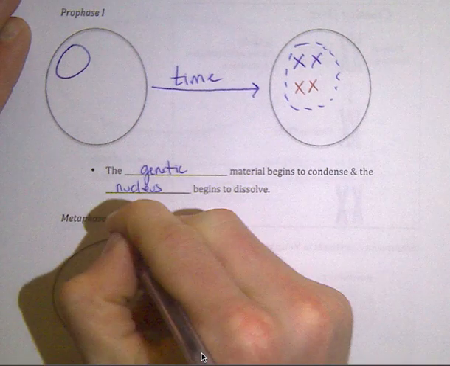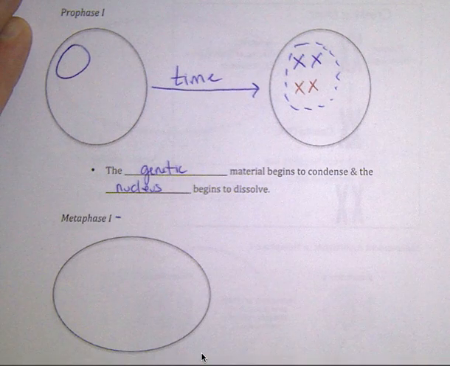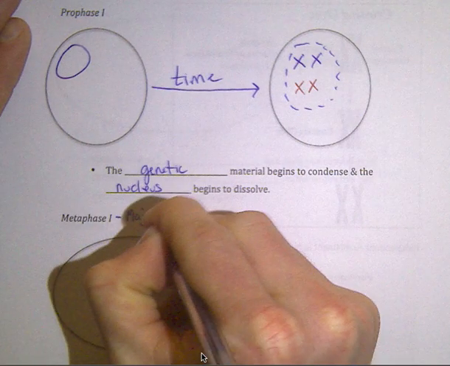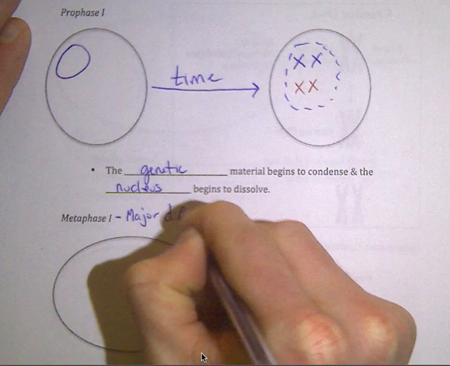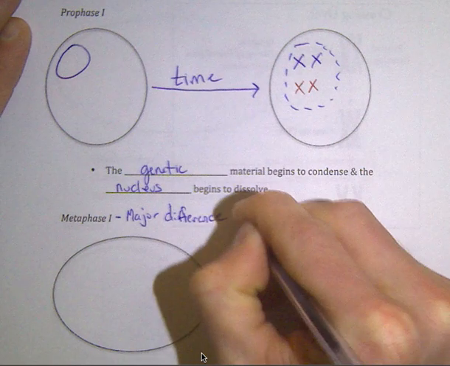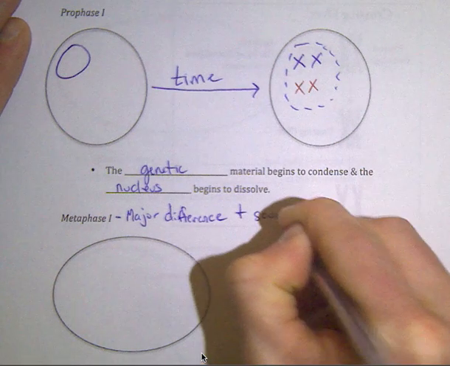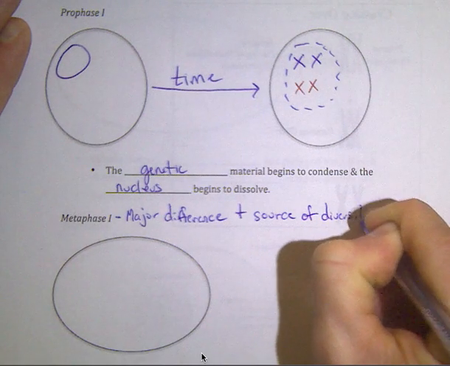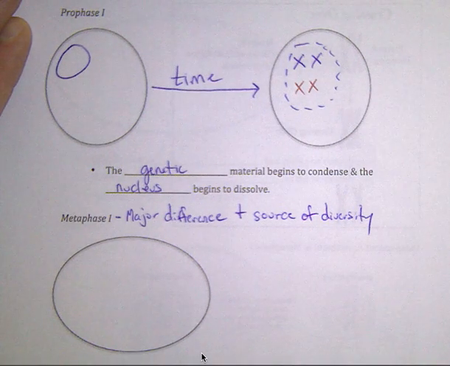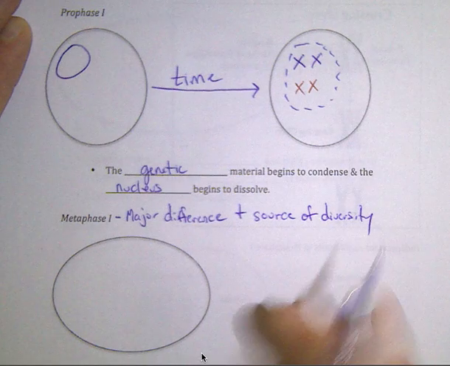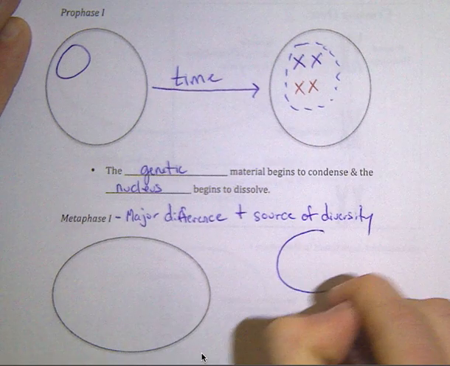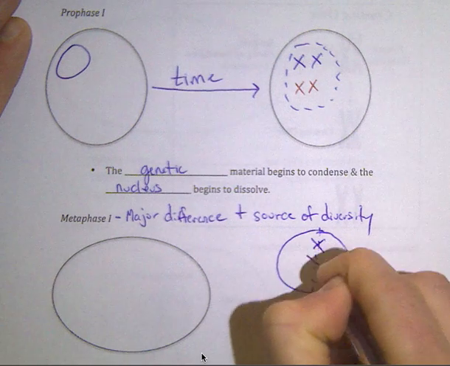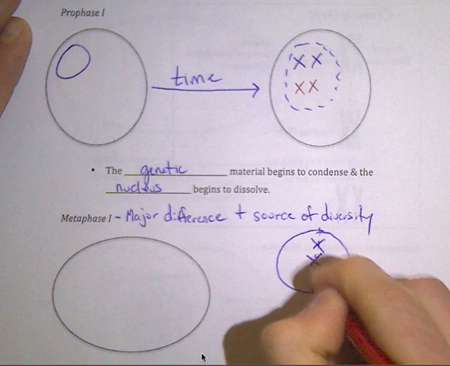Now, metaphase, this is where we see our major difference. Major difference and our source of diversity. In mitosis, in metaphase, our chromosomes lined up like this down the center of the cell.